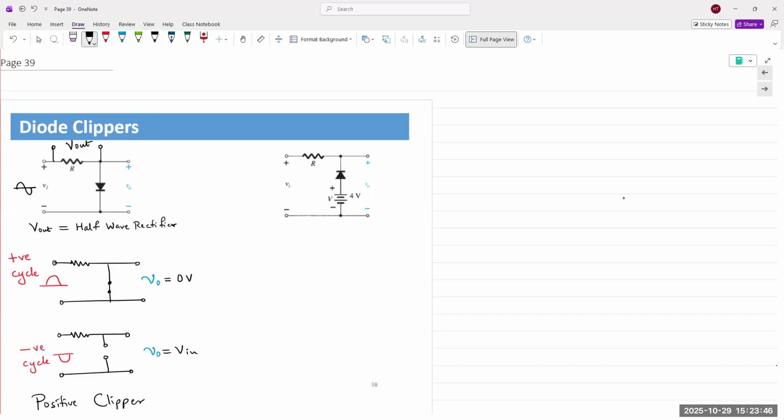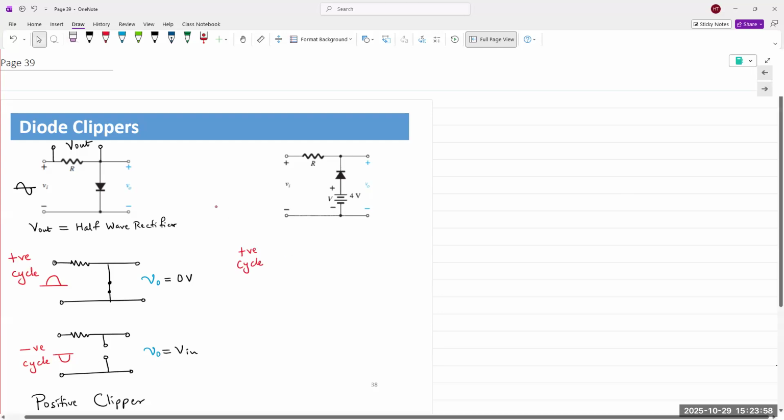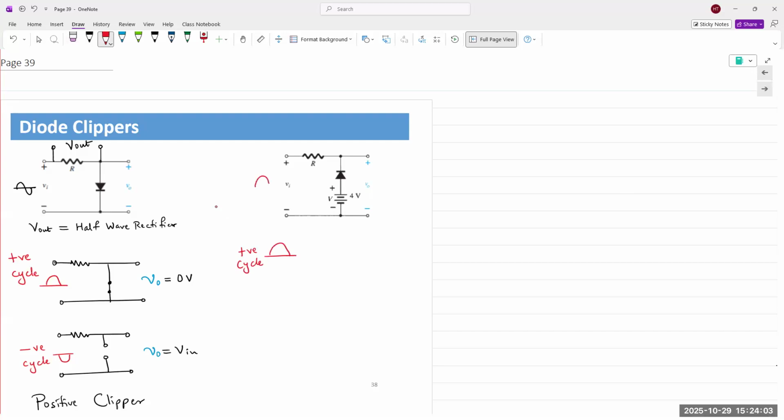So let's see. Positive half cycle, what happens? We're applying a positive voltage at the input. The first thing to understand is that the anode of the diode is held at a specific potential, plus 4 volts.